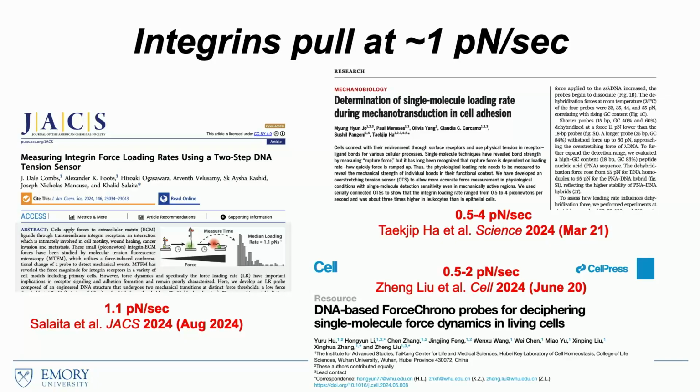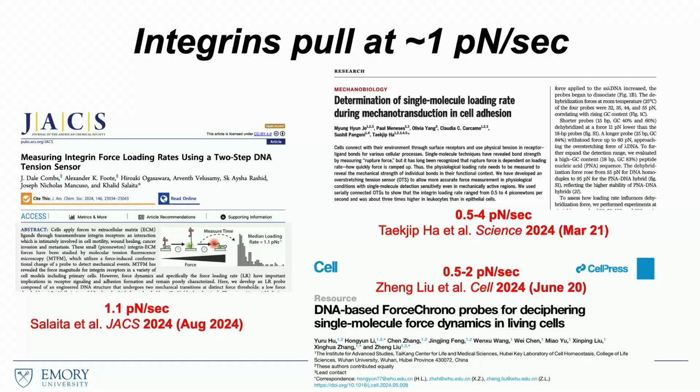What was interesting is that many other teams were actually doing this simultaneously alongside our work. TJ Ha earlier last year published a paper in Science that showed that in fibroblasts, the same cell line that we used, they reported a loading rate of 0.5 to 4 piconewtons per second.